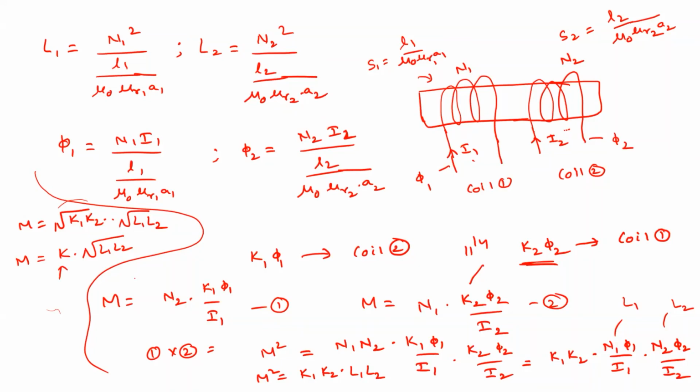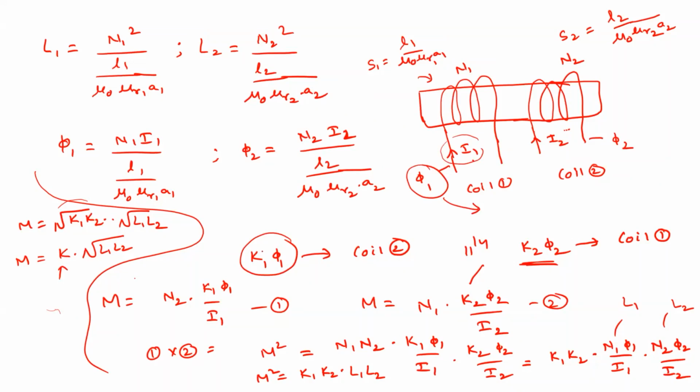See here, we defined this K1. The first coil is producing some flux phi1, and only a fraction of this flux is linked with coil 2.